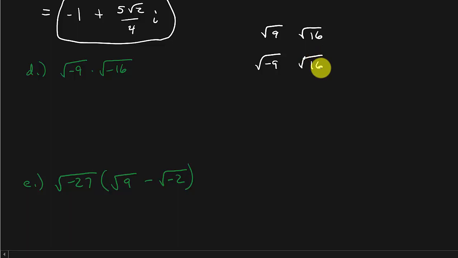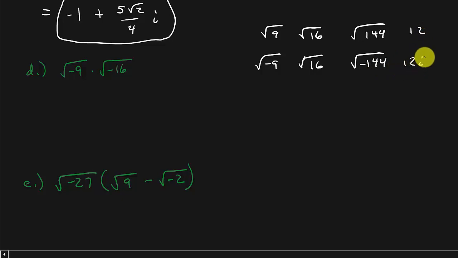Let me see what 9 times 16 is. That's 144. That would be the square root of 144. This would be the square root of negative 144. And then you would get 12, and then this you would get 12i. And that would be fine.